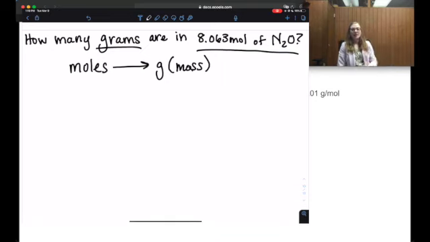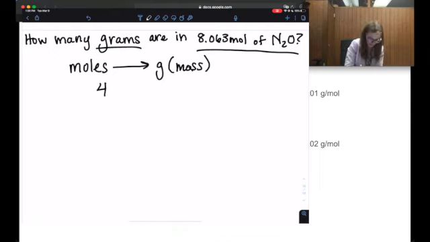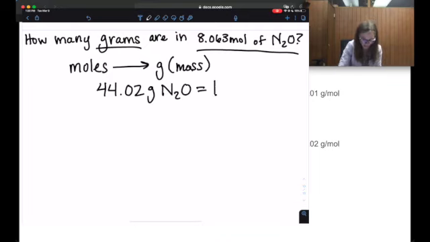So in this case, you can find my math for how I calculate the formula mass in the slides. However, I'm just going to go ahead and use the formula mass that I have already calculated, which in this case for N2O happens to be 44.02 grams of N2O for every 1 mole of N2O.